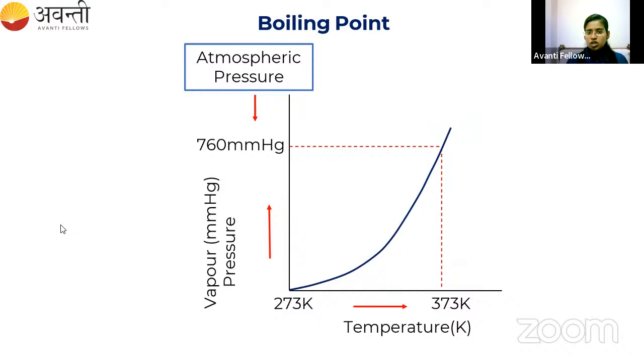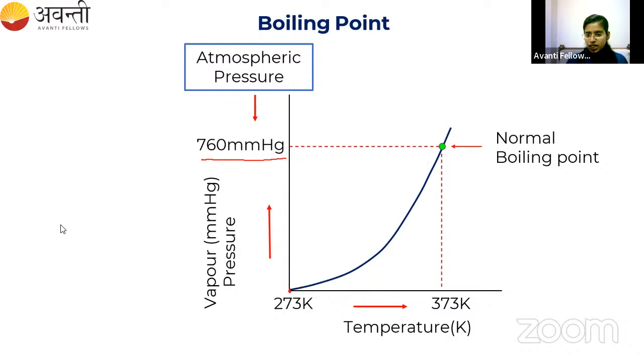So here the atmospheric pressure is 760 mm of mercury. And here I have 273 Kelvin, and here I have 373 Kelvin. And this 373 Kelvin is the normal boiling point of water. So this is a curve of water. The boiling point of water is 100 degrees Celsius, and in terms of Kelvin, I have to add that 100 to 273, so it becomes 373.